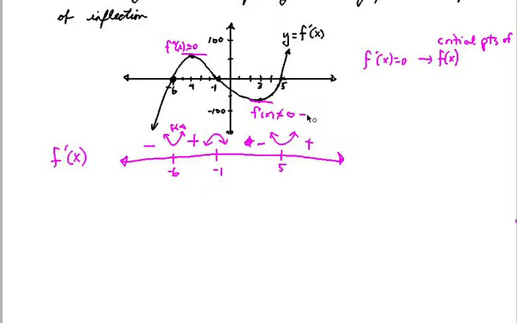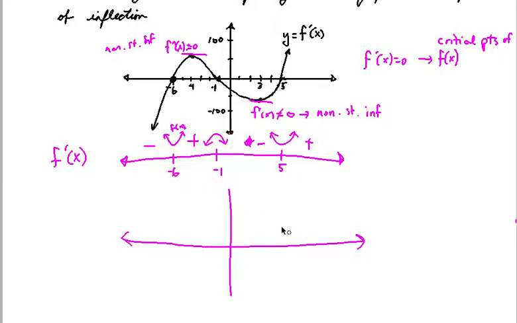So we can conclude that it's going to be a non-stationary inflection point. And same thing with this one. Since the y value right here, f prime of x, is not 0, this would also be a non-stationary inflection point. Okay, so let's graph this.